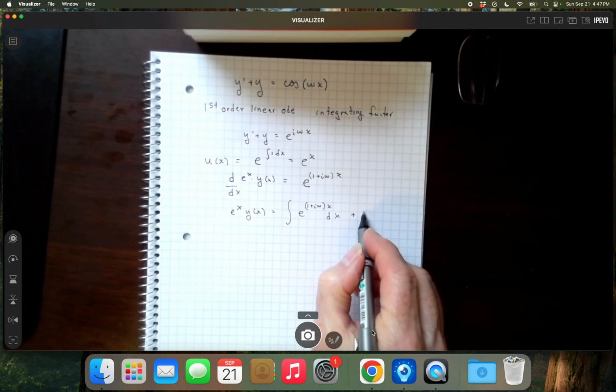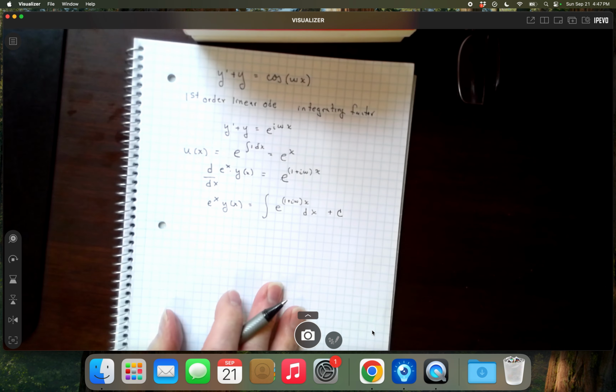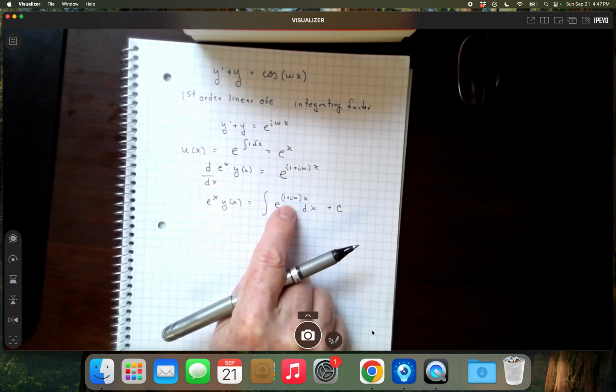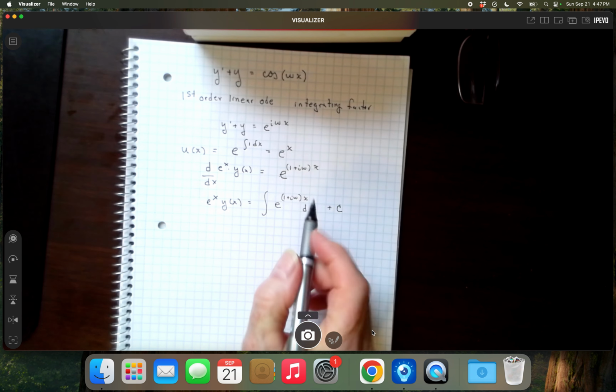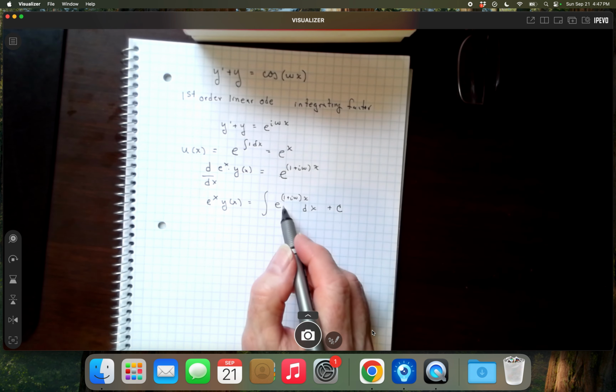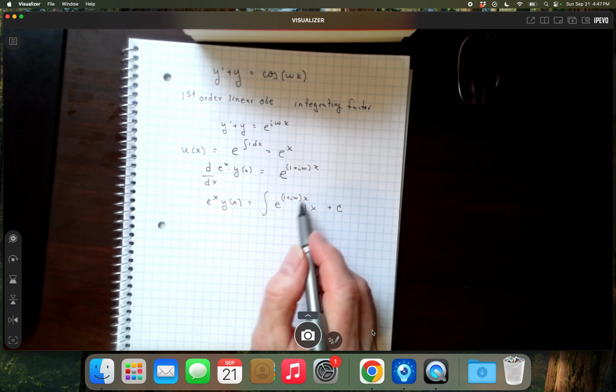Of course, we have a constant of integration. Now again, right here, this looks very similar to what we just integrated. This is easy to integrate. If you did not complexify, right here you would end up integrating a sinusoid times an exponential. You have to use integration by parts.